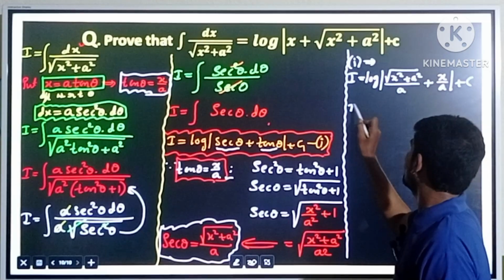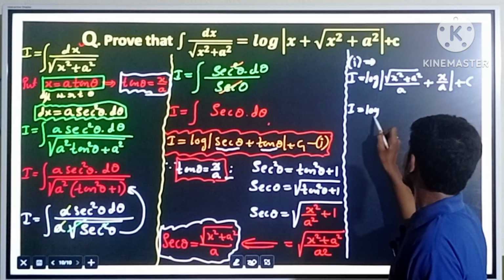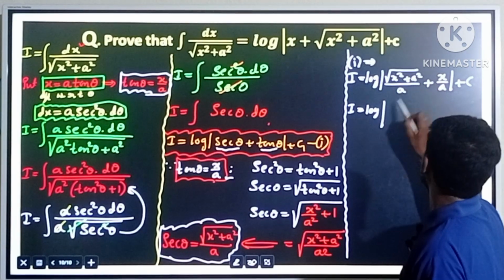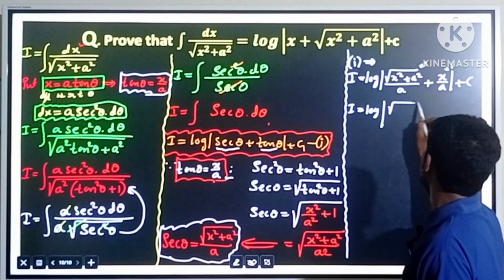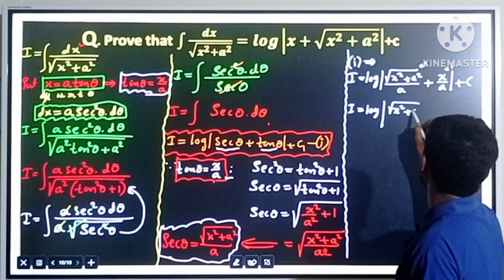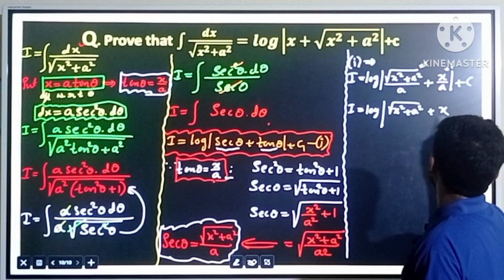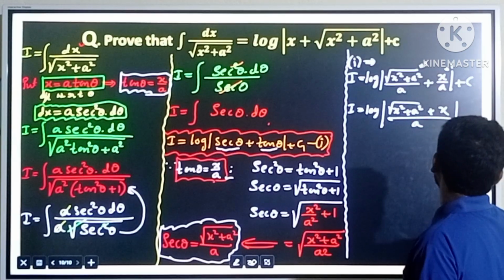In the next step I am going to take the LCM. I is equal to log of modulus, LCM is a, so root x square plus a square plus x, all divided by a, plus c.